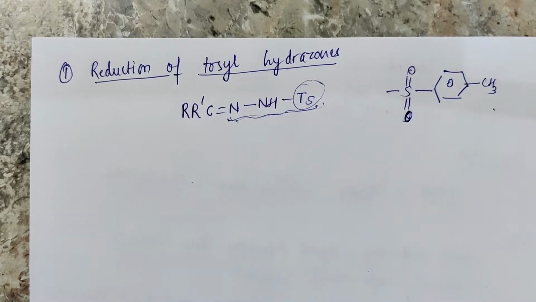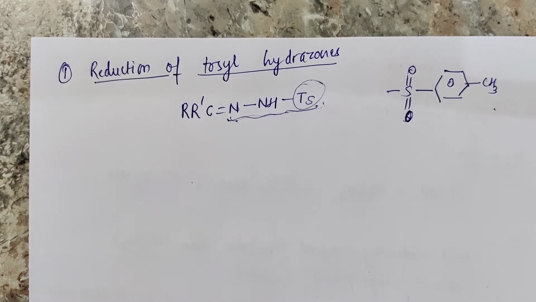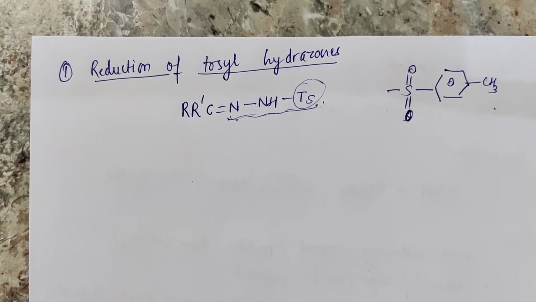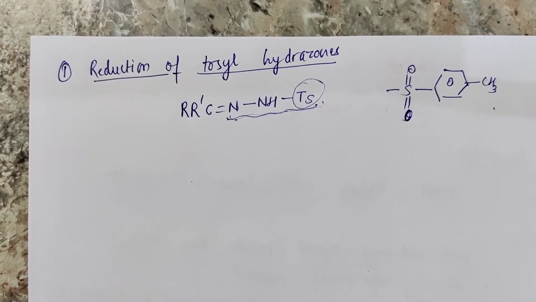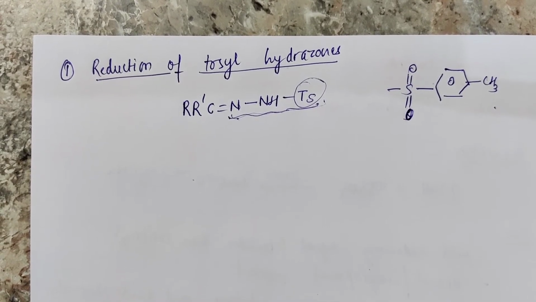Now tosyl hydrazones are generally prepared by condensation of aldehyde or ketones with para-toluene sulfonyl hydrazine.